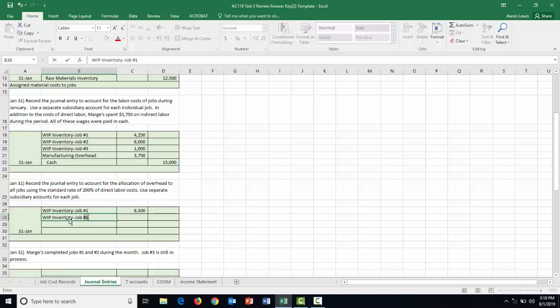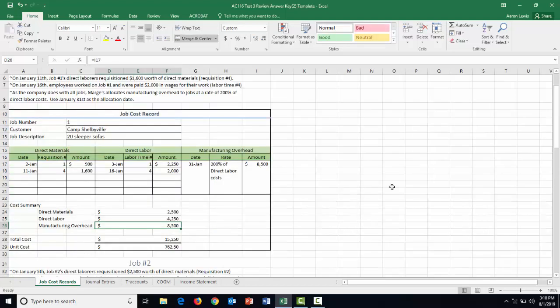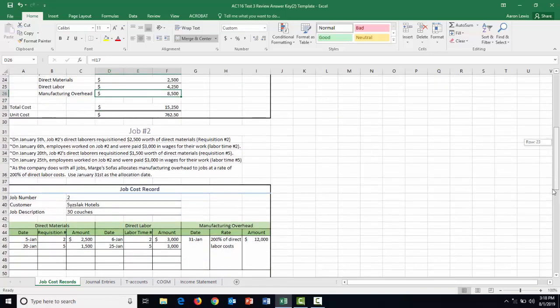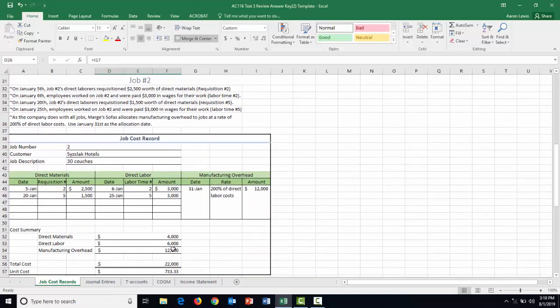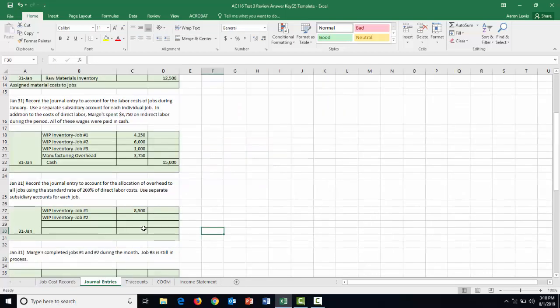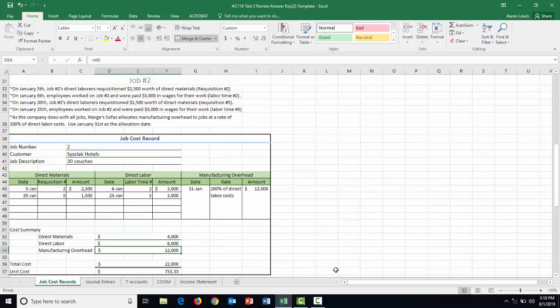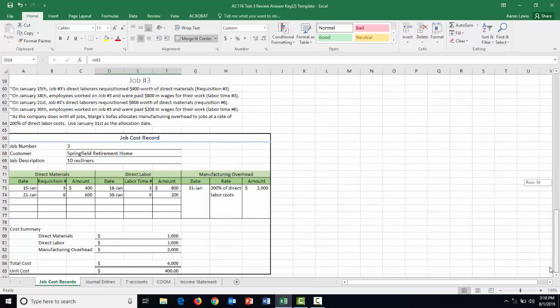WIP inventory for job number 2. We go back to our job cost records, and we see that job number 2 had total manufacturing overhead of $12,000. So we go back to our journal entries, and we fill in that $12,000. We have WIP inventory for job number 3, and when we go to job number 3 in our job cost record, we see that manufacturing overhead was $2,000.